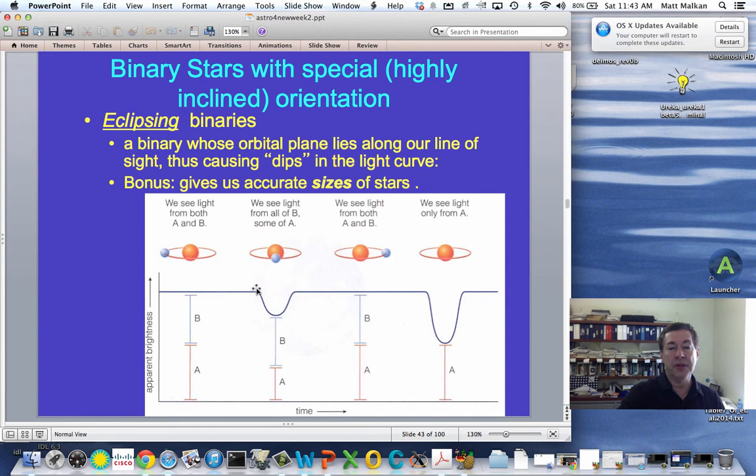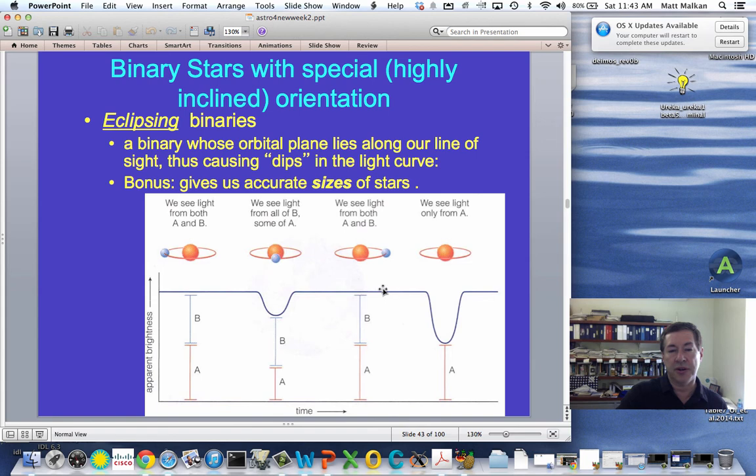But now notice, the little star moves in front of the big star, and so now these stars are opaque, so we've covered up some of the light of the big star, the red star back there. It's covered up. So we're not seeing as much of the red star there. So the total light of the system drops down, makes a little eclipse. All right. Then the orbit goes around. We see the light of both stars.